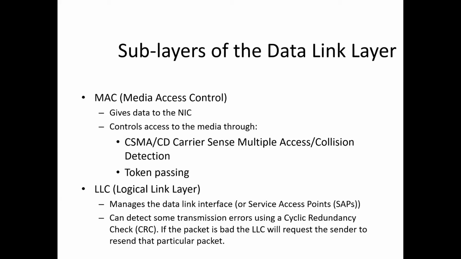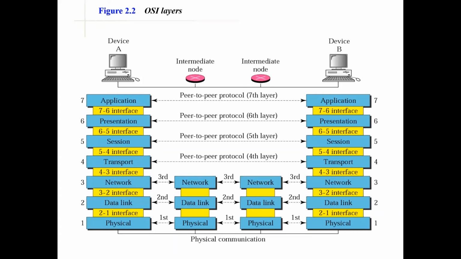It controls CSMA/CD, meaning carrier sense multiple access with collision detection, and token ring passing. And the lower sublayer is the logical link control, in short LLC, which handles the cyclic redundancy check, CRC, and error correction and error detection.